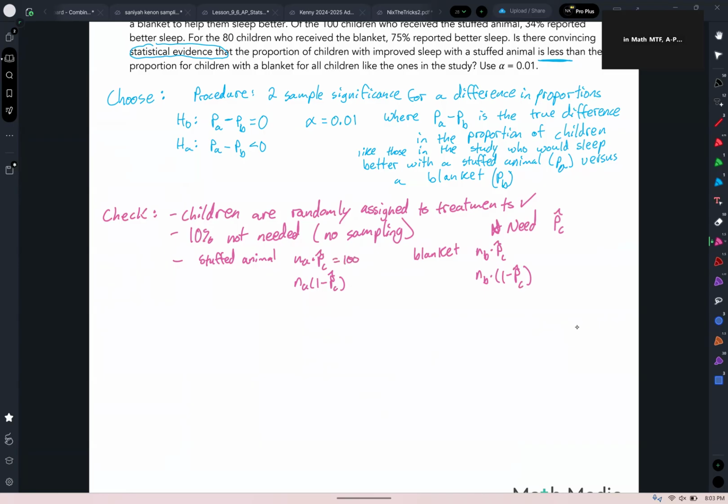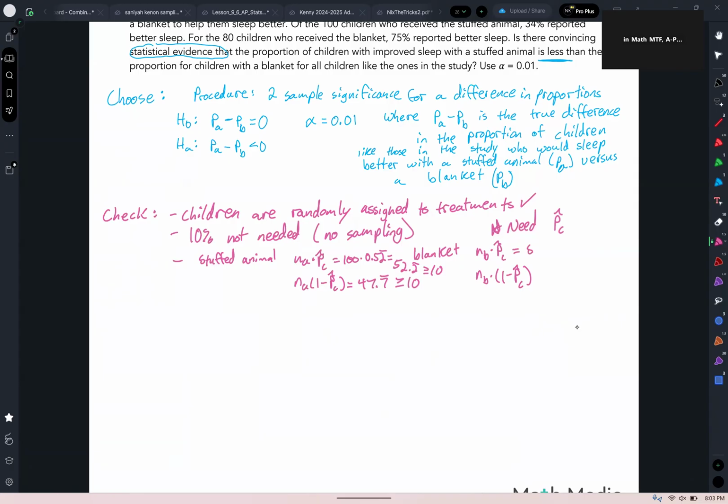So 100 times 0.52 repeating is equal to 52.2 repeating, which is greater than or equal to 10. And then the complement would be 47.7 repeating, which is greater than or equal to 10.